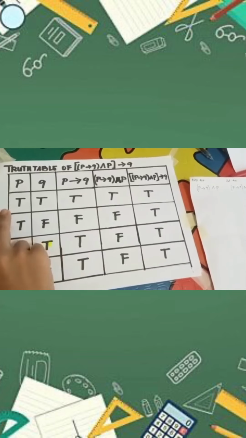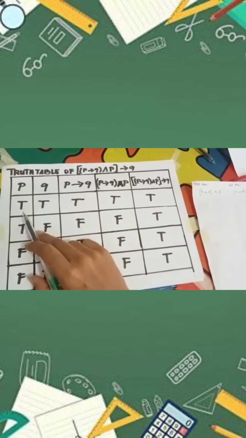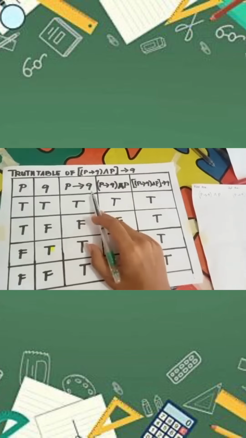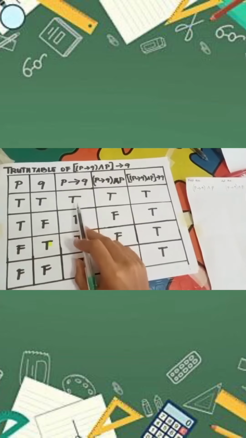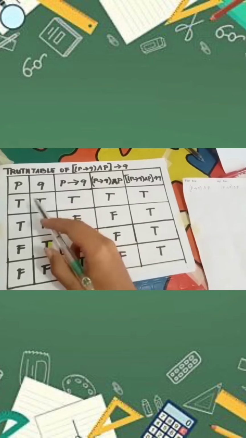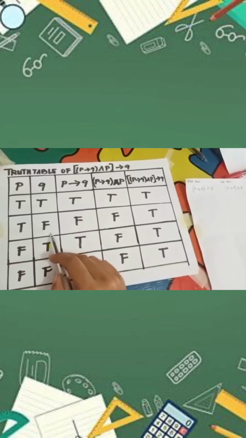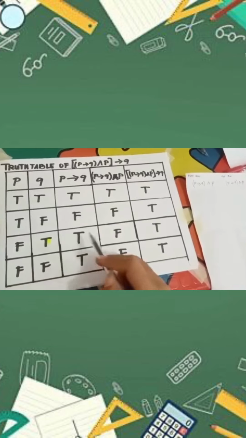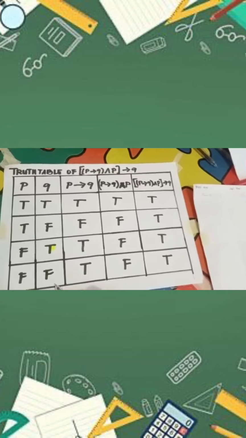So first, in the first row, if we have true in p and true in q, we could say true implies true is true, and it follows true implies false is false, false implies true is true, and false implies false is true.